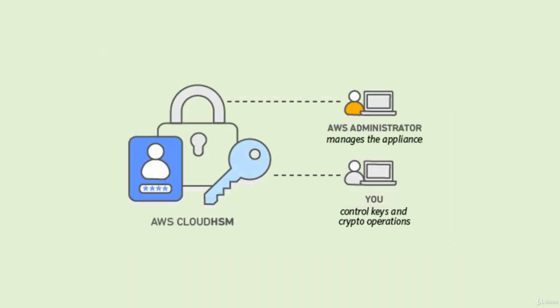With Cloud HSM, we have a person who has control of the keys and crypto operations. Then there is an AWS administrator, who manages the appliances and different DevOps tools.